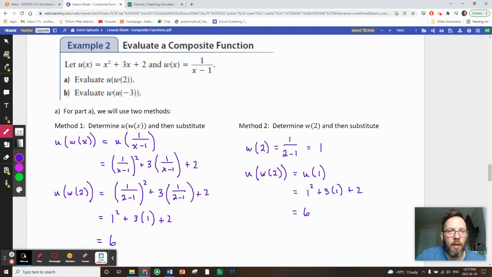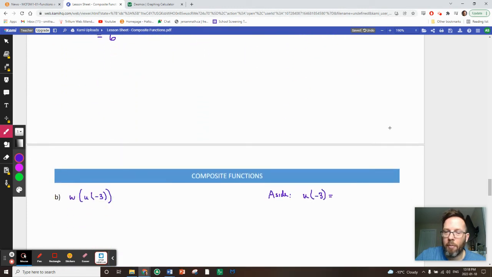So the function u is x squared plus 3x plus 2. So we'll plug in (minus 3) squared plus 3 times minus 3 plus 2. Let's work this out. We get 9 minus 9 plus 2, u at minus 3 is just equal to 2. And now we're ready to go.